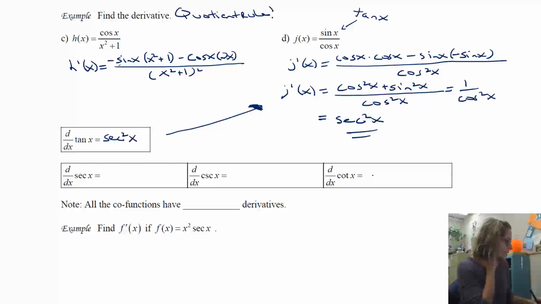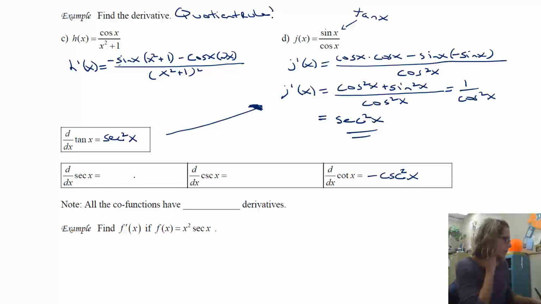Cotangent x could be done in the same way using that quotient rule, and you would get negative cosecant squared x. So notice the pattern there. Derivative of tangent is secant squared. Derivative of cotangent is a negative cosecant squared.